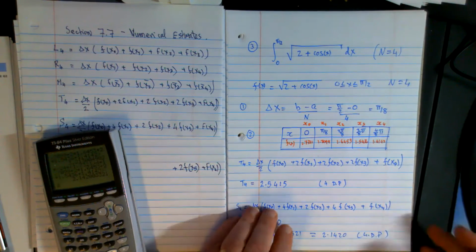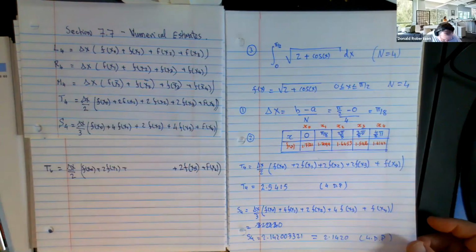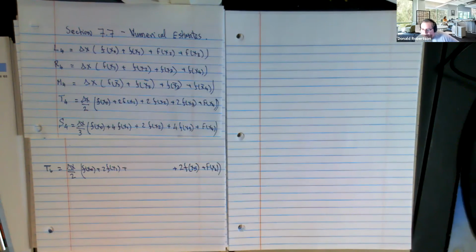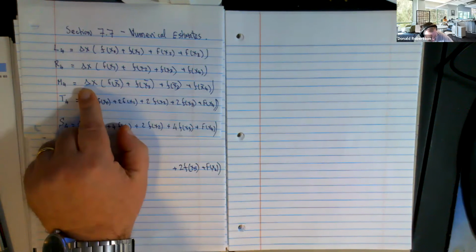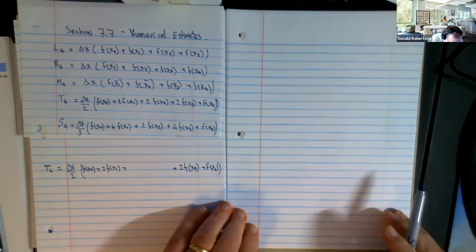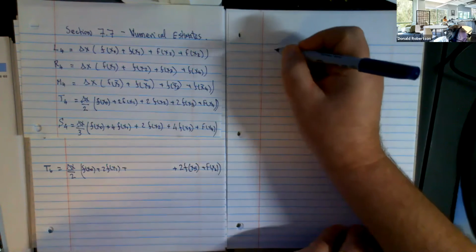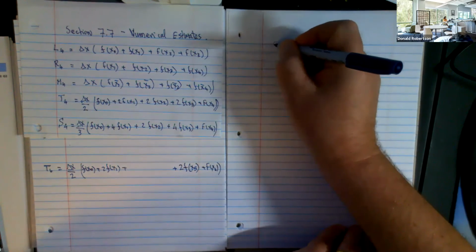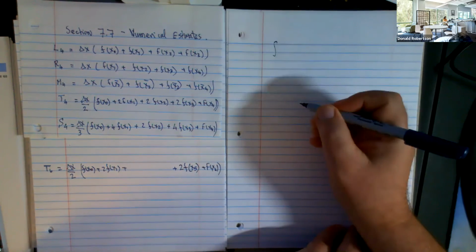Okay. Now, there's only one guy left. The only guy I haven't shown you how to do is a midpoint. So I'll pick a different question to do a midpoint with. Let's suppose I do the question using this notation, so it's a little bit less writing for me.